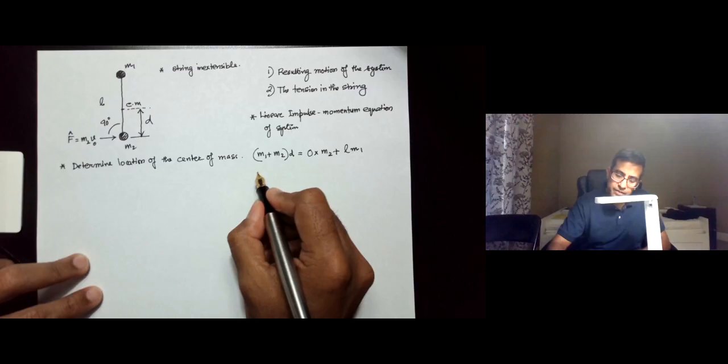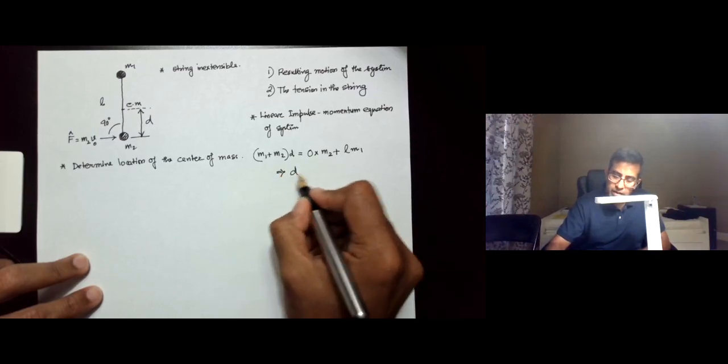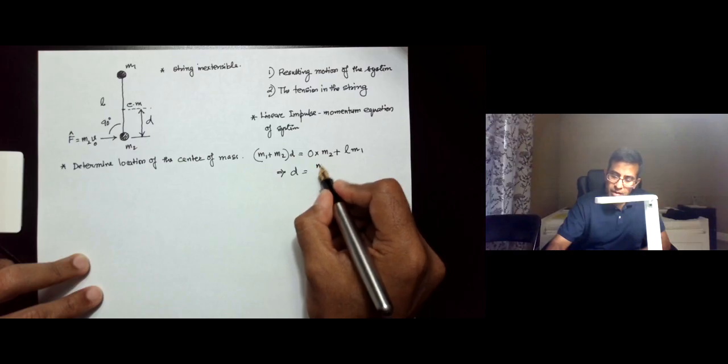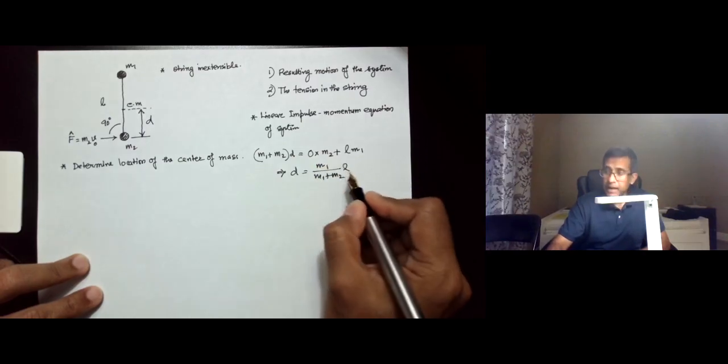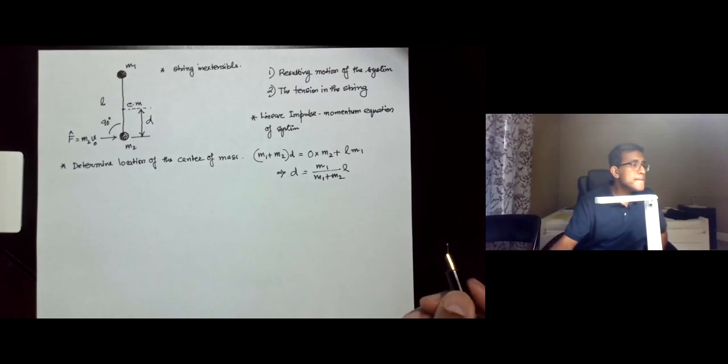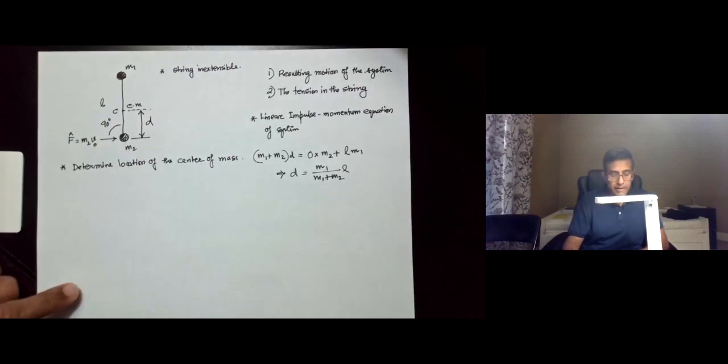Or in other words, d is equal to M1 divided by M1 plus M2 times L. Okay, so we have the location of the center of mass C.